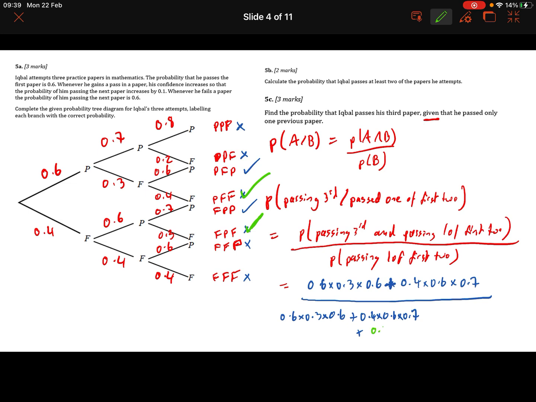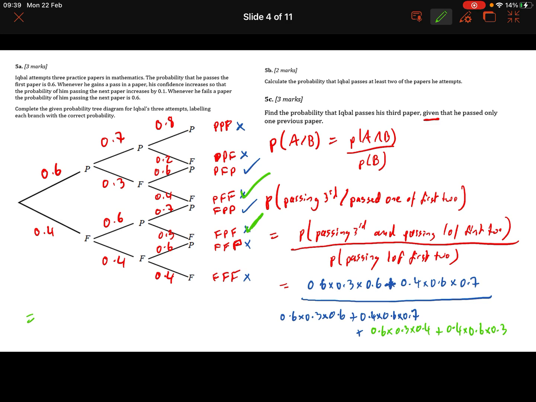So that is plus 0.6 times 0.3 times 0.4 plus 0.4 times 0.6 times 0.3.